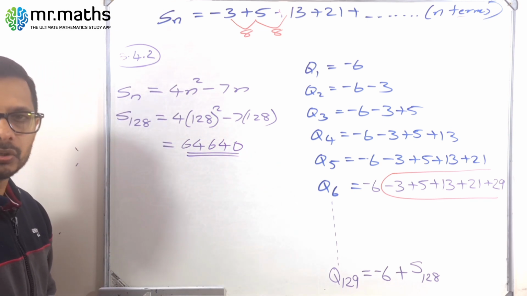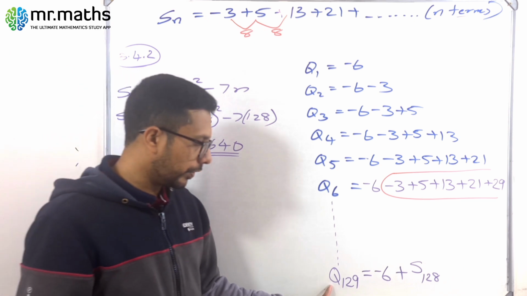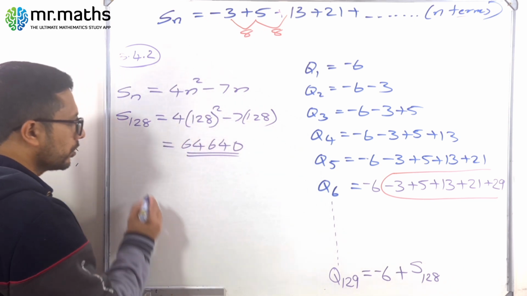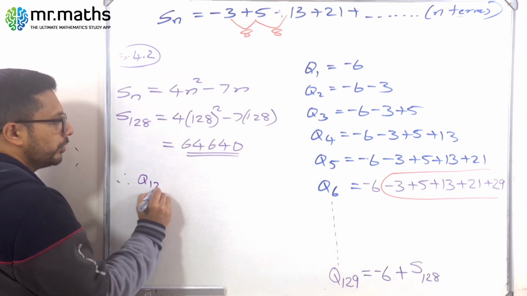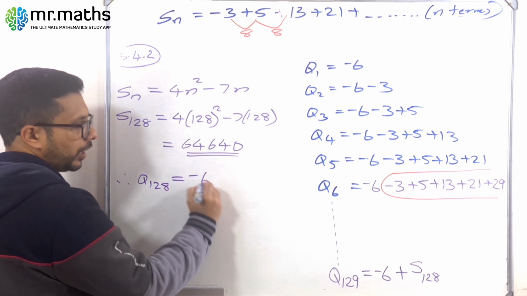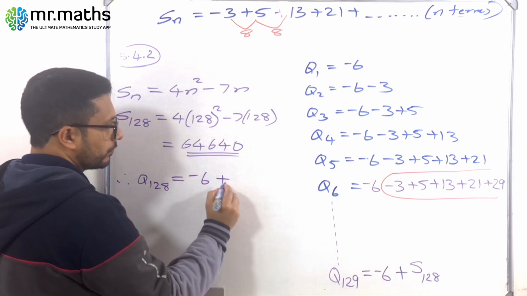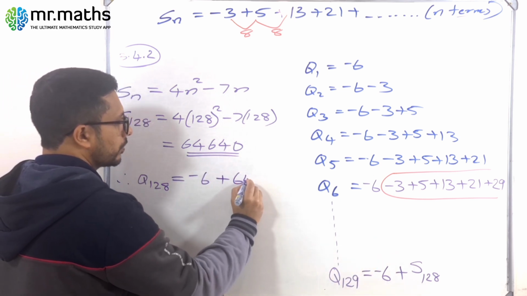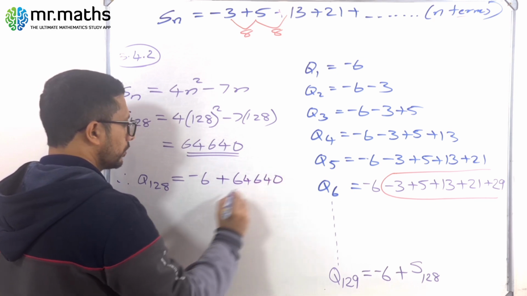Okay, but our question is not to find S128, our question is to find Q129. So therefore Q129 is equal to minus 6 plus S128. What is that one? 64,640 minus 6.